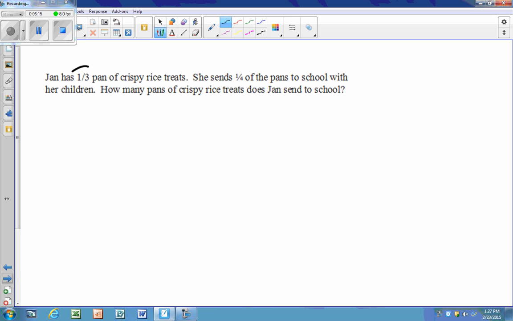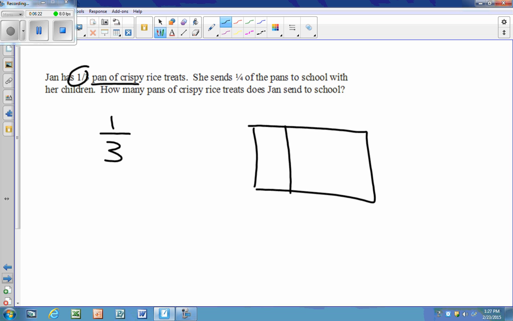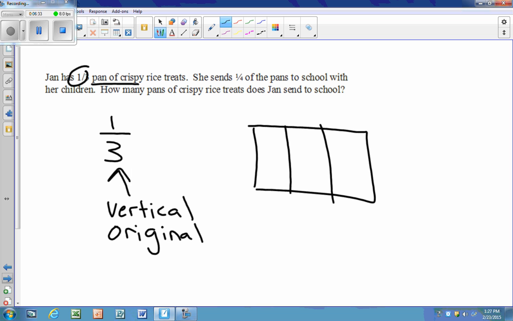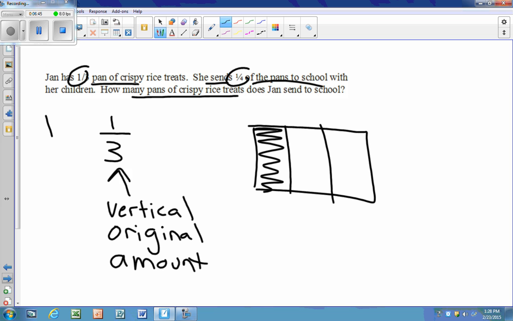Another one, Jan has 1/3 of the pan, so we have 1/3 again. Here's our 1/3, which is vertical. It's the original amount. We're going to shade in our 1/3. She sends 1/4 of the pan to school. How many pans of Rice Krispie treats? So she sends 1/4 of the pan. 1/4 is first because this means of.